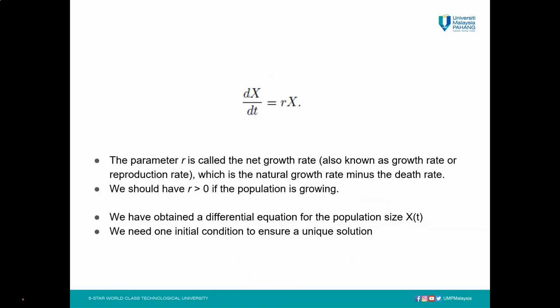The parameter r is called the net growth rate, also known as growth rate or reproduction rate, which is the natural growth rate minus the death rate. We should have r greater than 0 if the population is growing. And now we have obtained a differential equation for the population size x(t). We need one initial condition to ensure a unique solution.